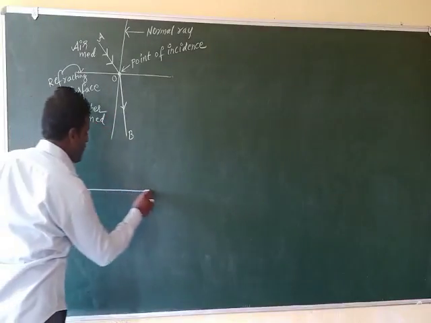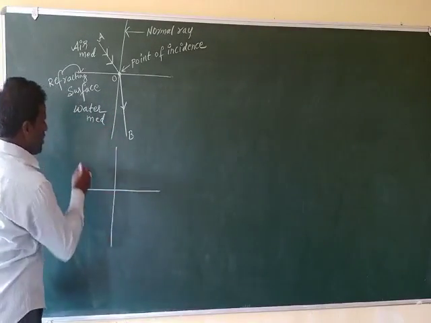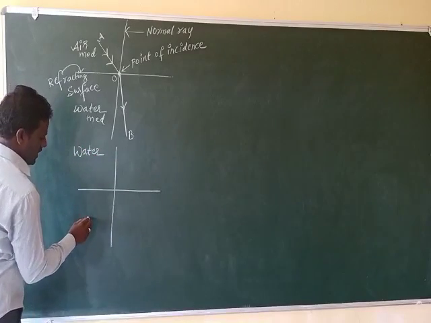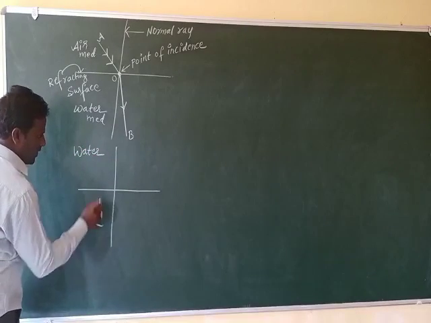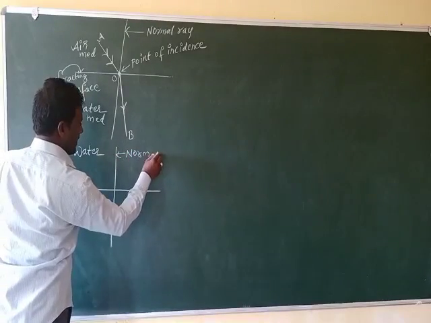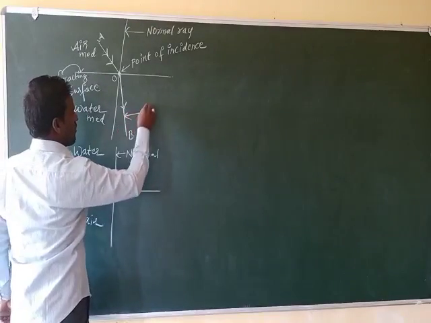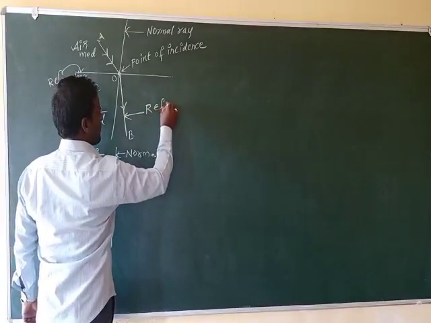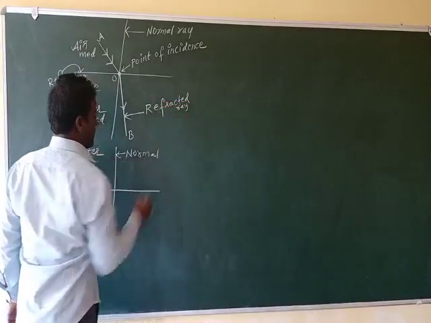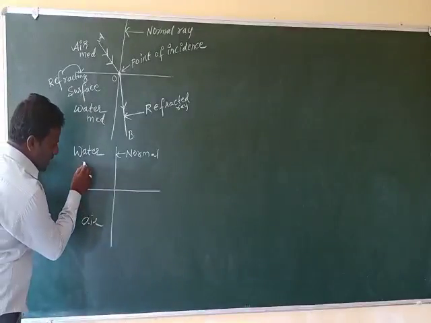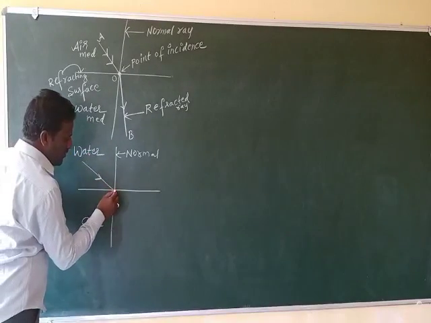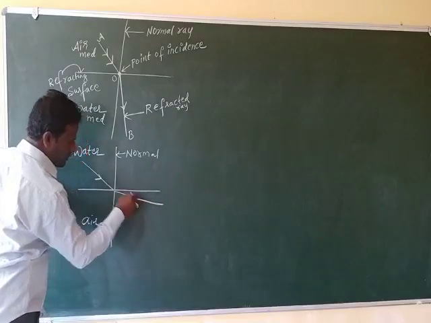If the ray of light is traveling from water to air, so this is the normal, right? And this one is called the refracted ray. So when the ray of light travels from water medium to air medium, it bends away from the normal.